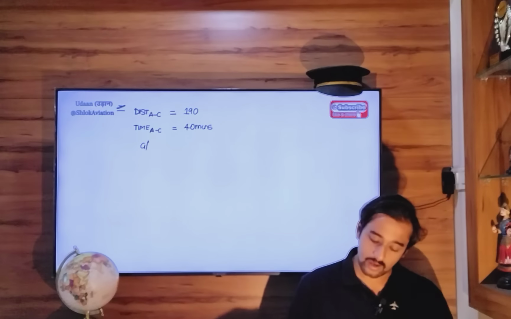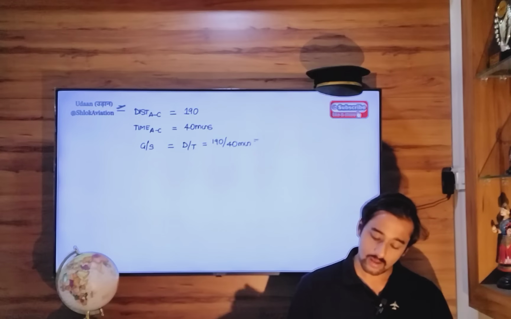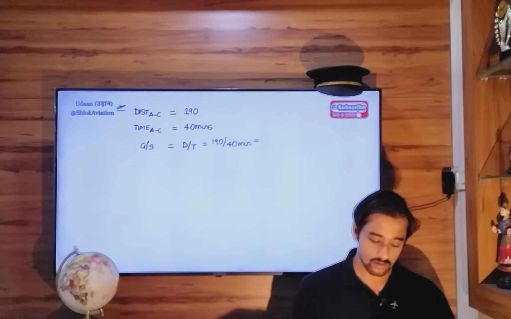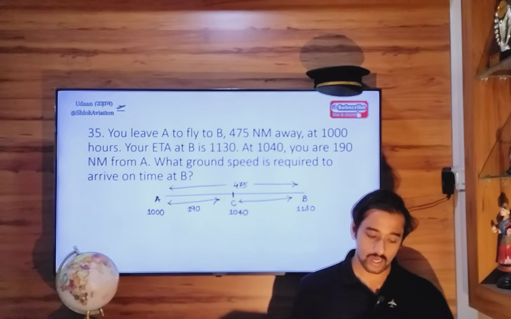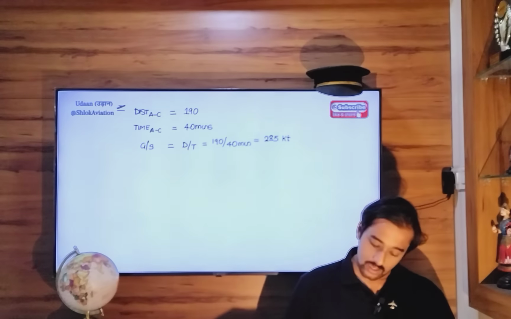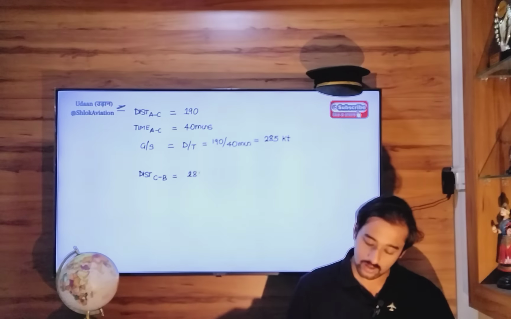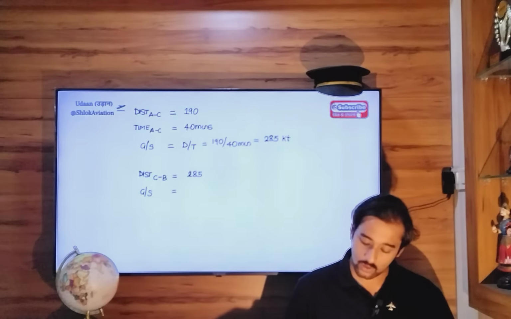So ground speed equals distance by time, 190 by 40 minutes, which is 285 knots. Now the remaining distance is 475 minus 190, 285. Distance between C and Bravo is 285. Ground speed is 285 knots.